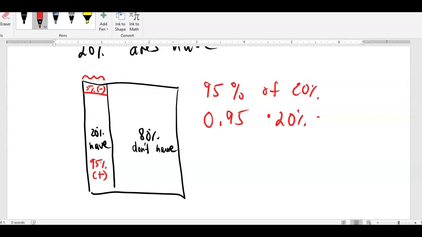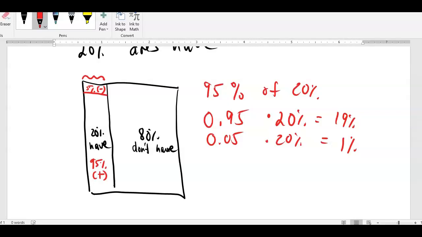So when you do that, 0.95 times 20% is, I have to type it in because I didn't remember it, 0.95 times 20% is 19%. And then 5%, or 0.05 of 20% is 1%.